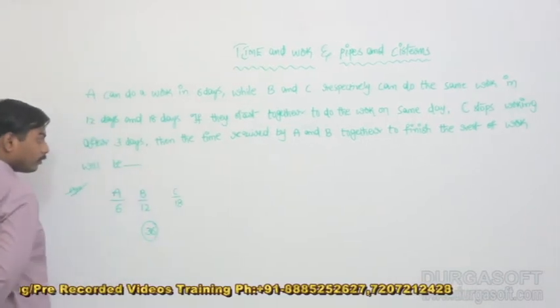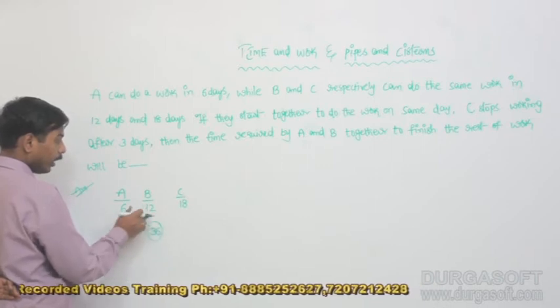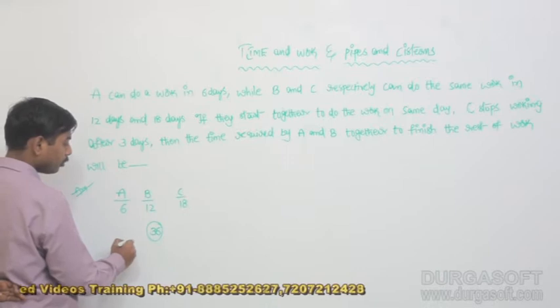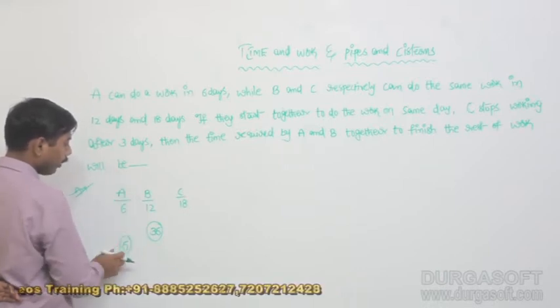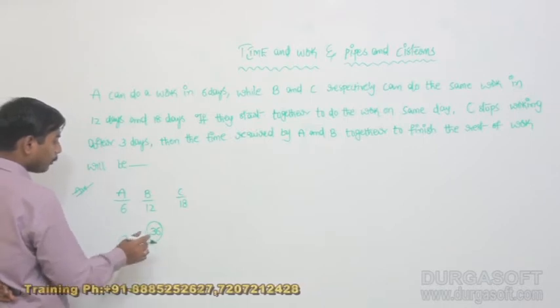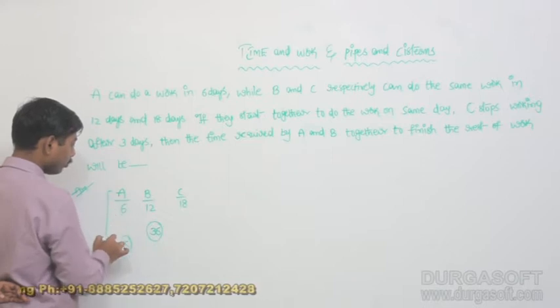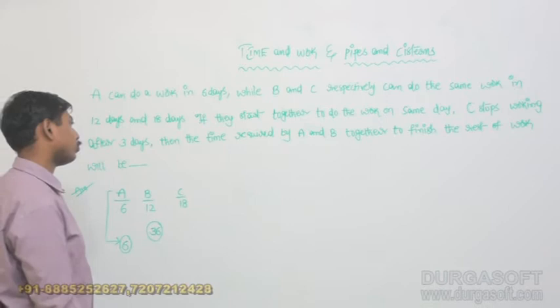A needs how many days of a time to complete 36 units of a work? A needs 6 days of a time to complete 36 units of a work, means each and every day how many units of work only possible for A? Definitely A should complete 6 units of work every day without missing. Alright, next one.